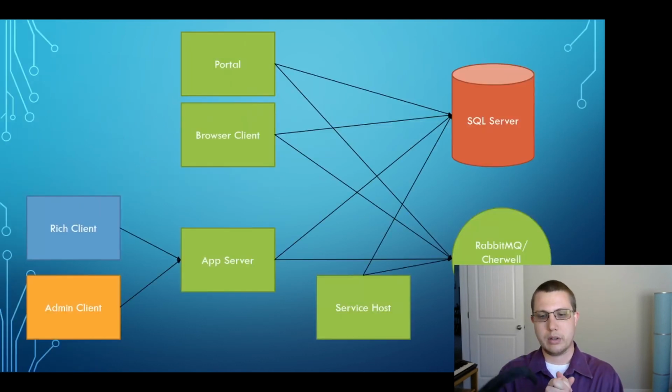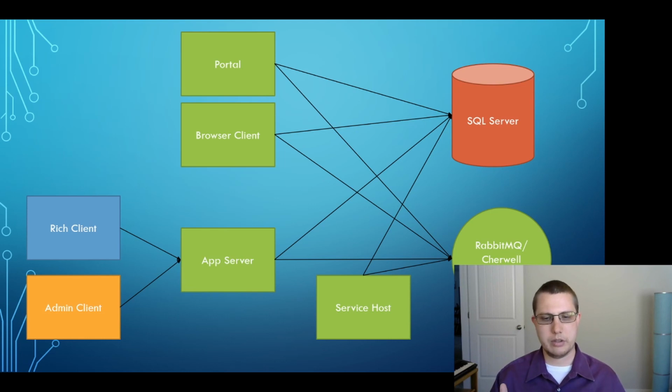So to start out with, I want to show this slide, which I used in a video a week or so ago when I talked about scaling out Service Host. This is the exact same picture, and we're going to look at a different slice of the overall architecture. So here I basically charted out the basic architecture of Cherwell Service Management.